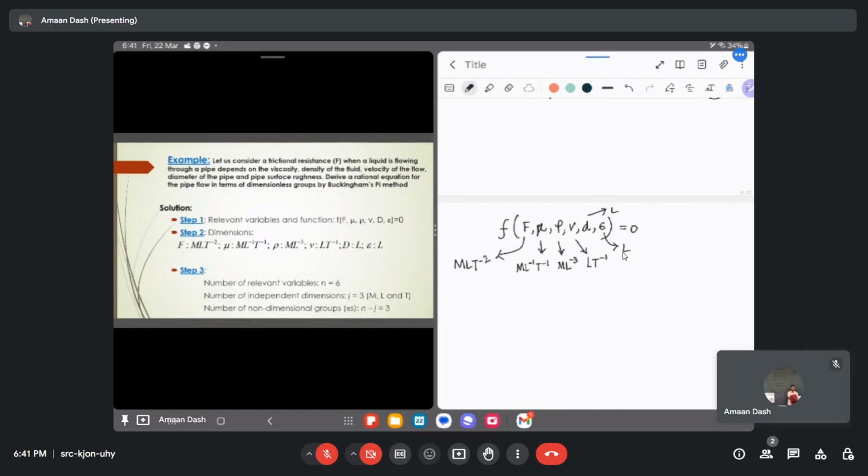So if you see the number of relevant variables, the number of variables is equal to 6: 1, 2, 3, 4, 5, 6. And the number of fundamental dimensions is equal to 3, and that should also be equal to the number of repeating variables.